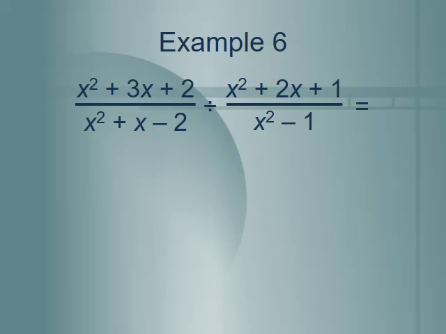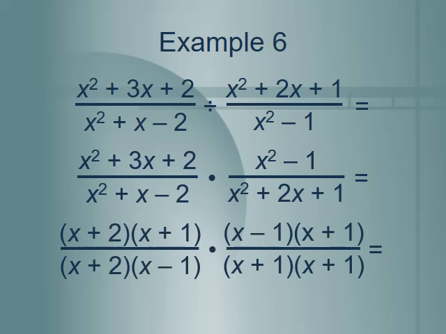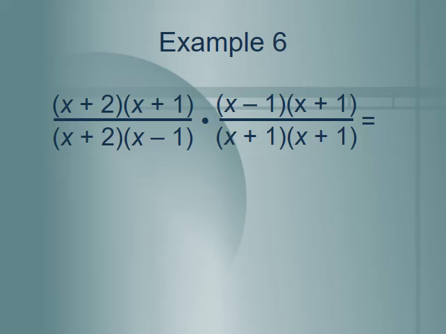Let's look at this one. We're going to first switch our division into a multiplication problem. And then we're going to factor what we can, and we're going to go ahead and reduce what is possible to reduce. So up and down, we can reduce two things that are the same. And across, we can reduce two things that are the same.